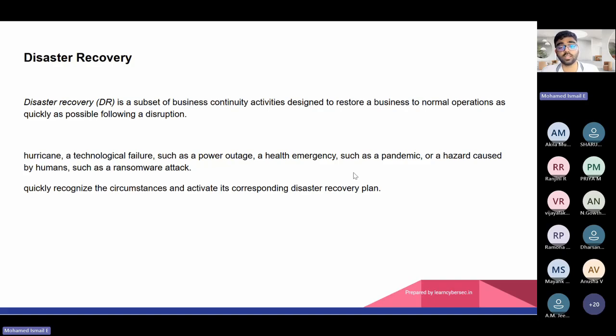So quickly recognize the circumstances and activate the corresponding disaster recovery plan. As part of the business continuity plan, we should mention when we need to activate it. As part of the business continuity plan, the disaster recovery plan gets kicked in. For example, the milk production unit is impacted with a flood. Now, after the flood, we need to recover the business quickly.